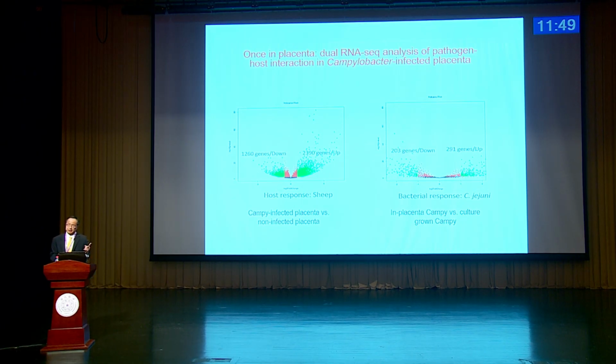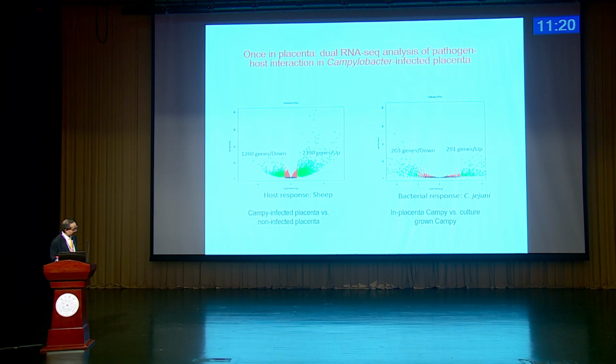Sheep is a natural host for Campylobacter, and once Campylobacter infects sheep, it not only induces clinical abortion, but the placenta carries tons of Campylobacter. The CFU number can be 10 to the 8th or 10 to the 9th CFU per gram of placenta tissue. That would allow us to directly analyze the pathogen-host response in situ without amplifying the signals.